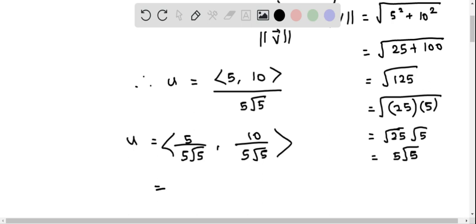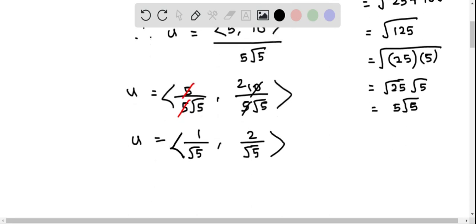The 5 and 5 cancel, and 10 divided by 5 is 2. So u equals 1 over root 5, comma, 2 over root 5. So this is the unit vector that we have found.